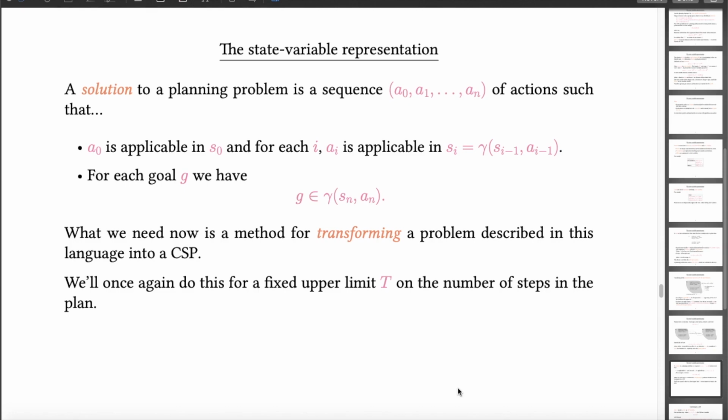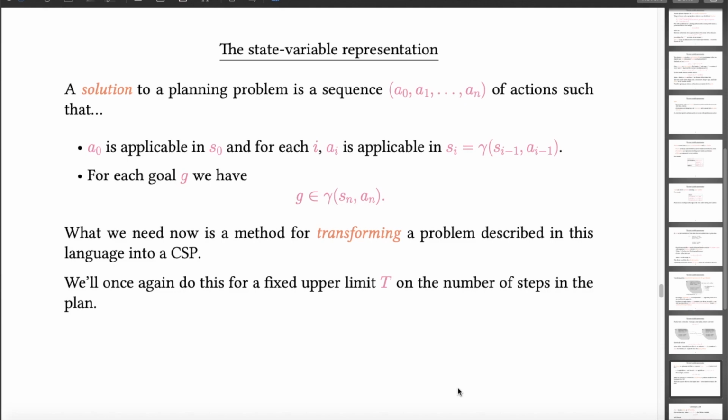And now we have another big search problem, because the idea is to search for a specific sequence of actions that will achieve this. So what we're going to do now is look at a procedure that one can use to take any planning problem that's been expressed in this representation, the state variable representation, and transform it into a constraint satisfaction problem that we can use to solve it.